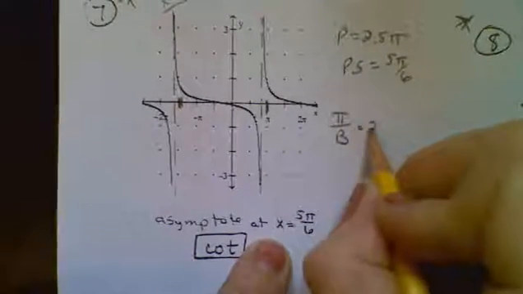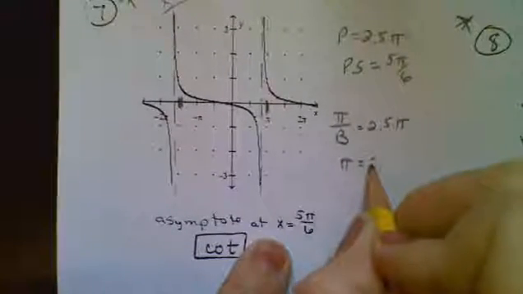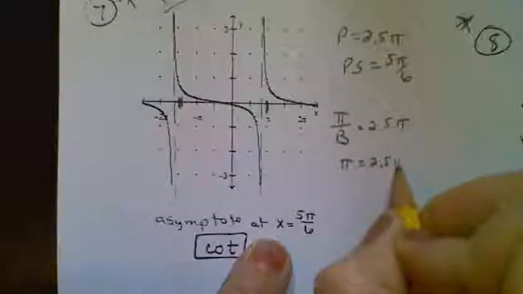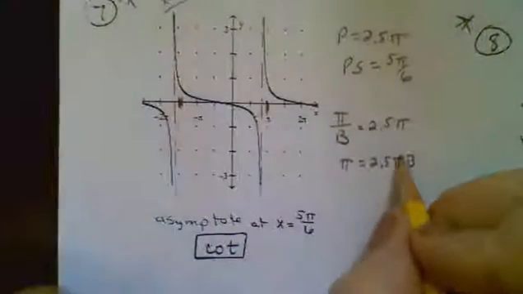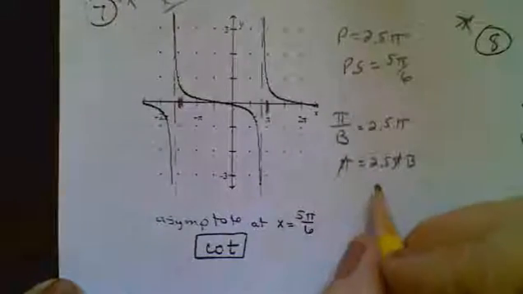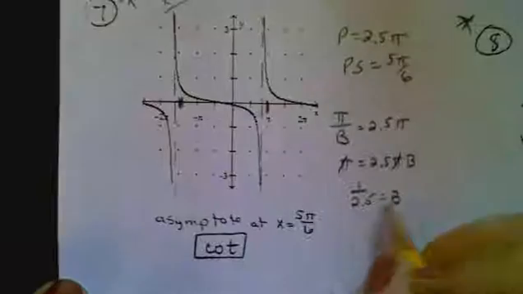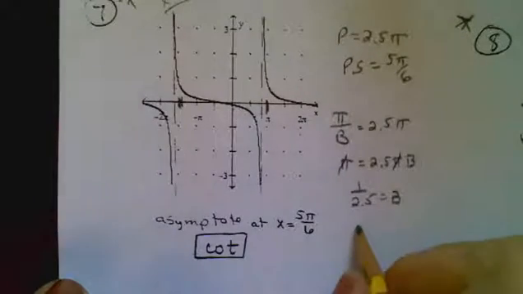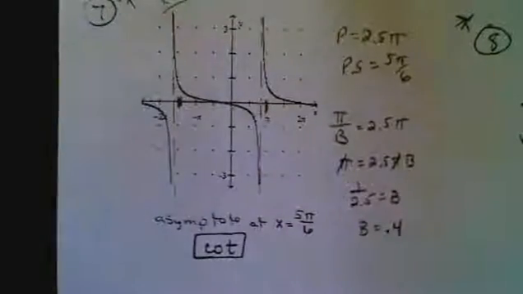Pi over b equals 2.5 pi. So pi equals 2.5 pi times b. So the pi's cancel. B is going to equal 1 over 2.5, which if you want to put that as a fraction, you could. I just put it as 0.4. You could write it as 4/10 or 2/5 if you wanted.